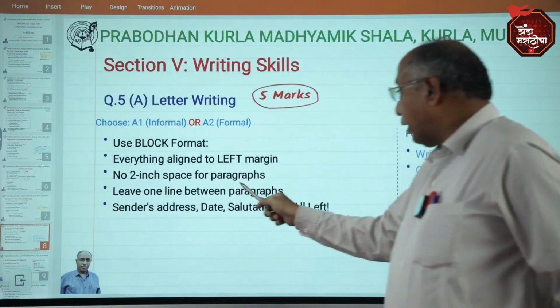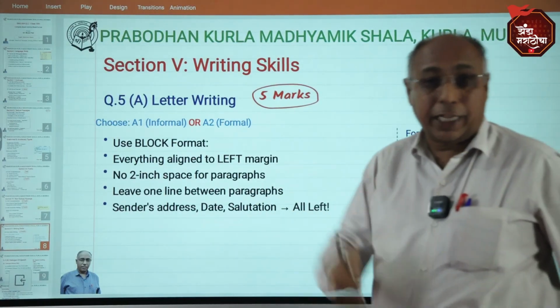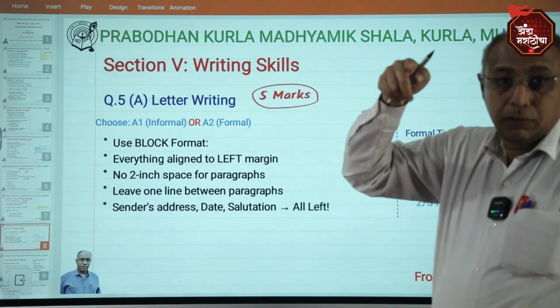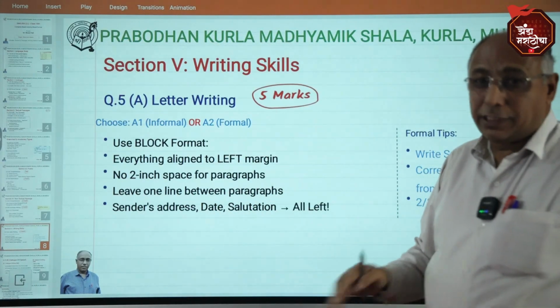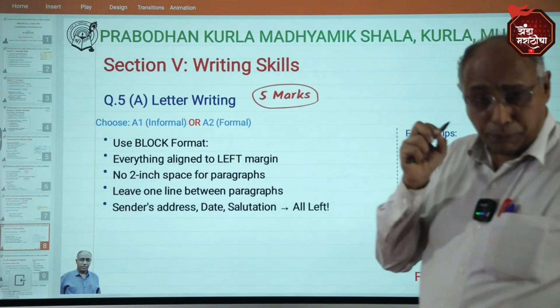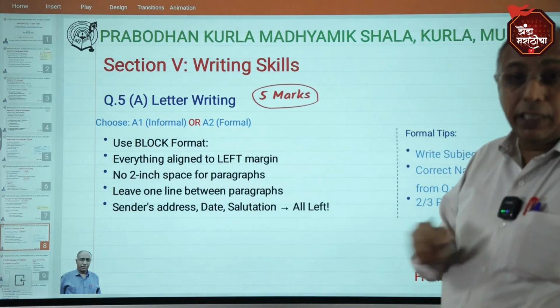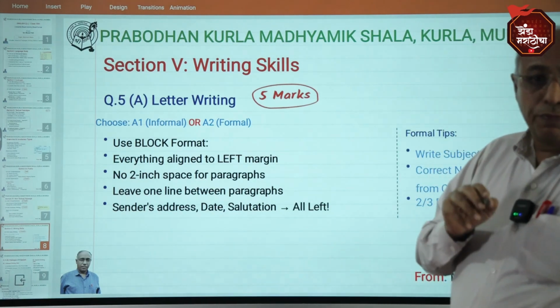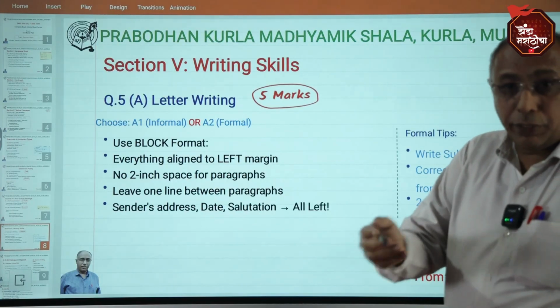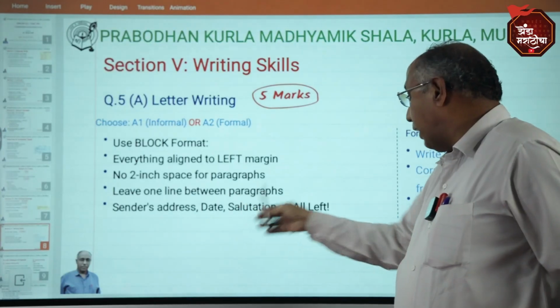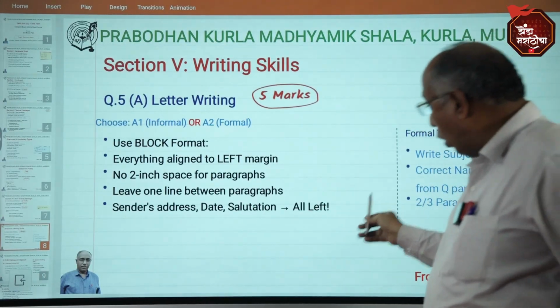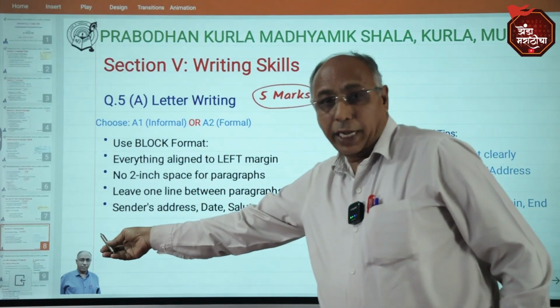No 2 inches space for the paragraphs, that is not expected as it was some years ago. Leave one line between the paragraphs, means indentation is not expected. That way the person who examines your paper can see the next paragraph that you wrote. Sender's address, date, salutation, all will be at the left of your activity sheet.